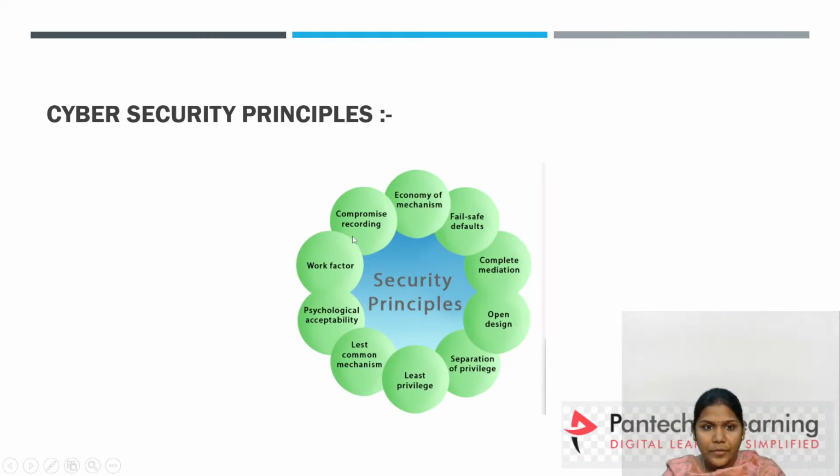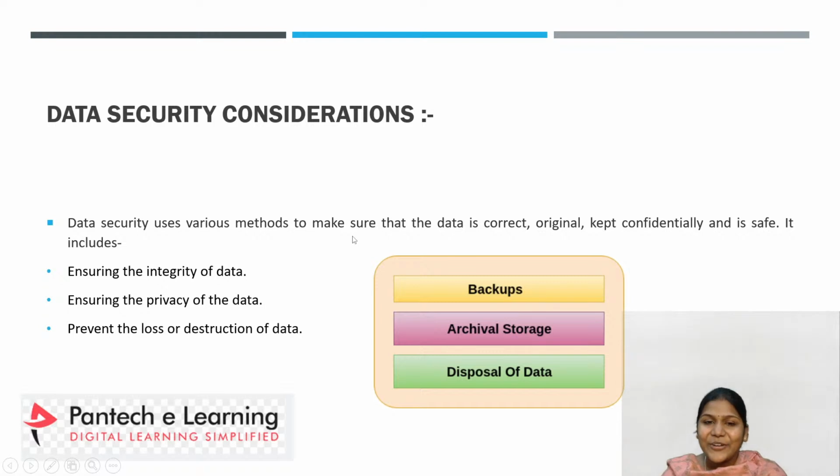Data security considerations. So what is this data security? Our information has to be secure, right? Data security uses various methods to make sure that data is correct, original, kept confidential, and is safe.